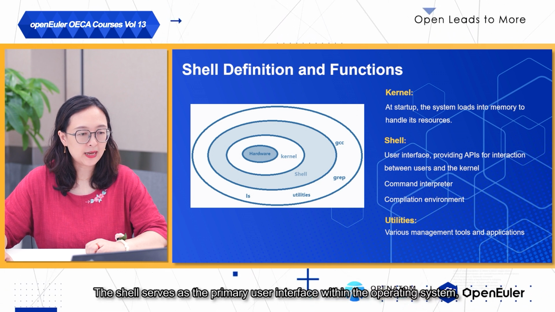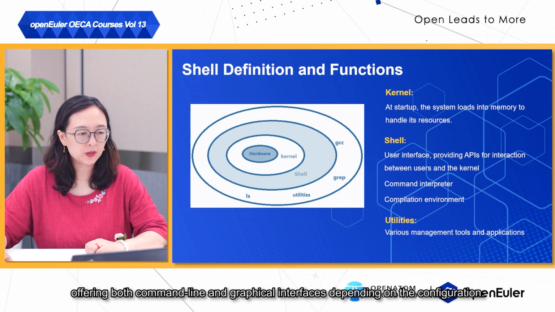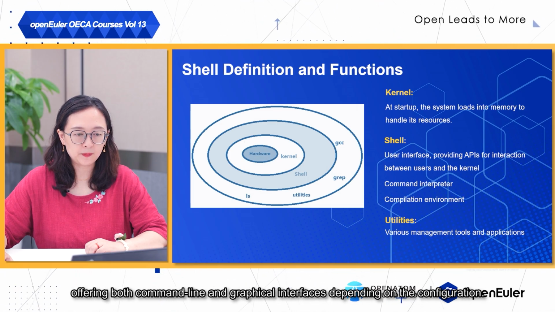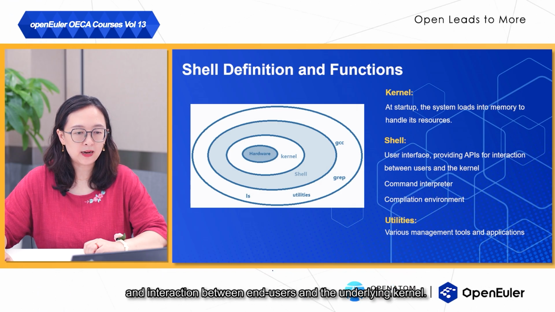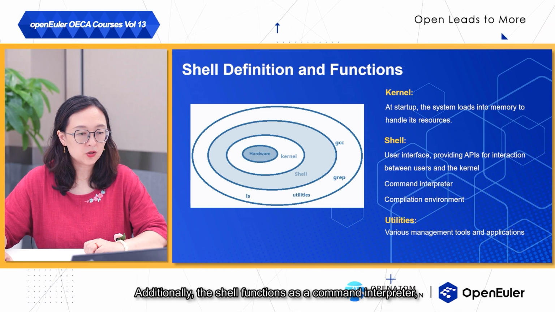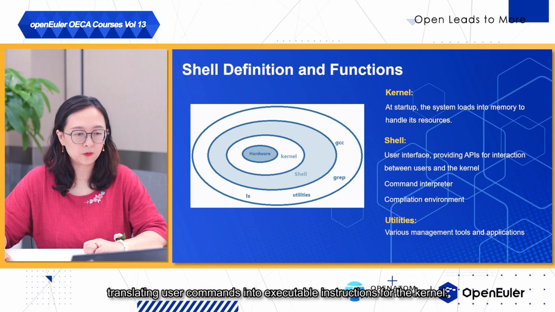The shell serves as the primary user interface within the operating system, offering both command line and graphical interfaces depending on the configuration. It provides APIs that facilitate seamless communication and interaction between the end users and the underlying kernel. Additionally, the shell functions as a command interpreter, translating user commands into executable instructions for the kernel.